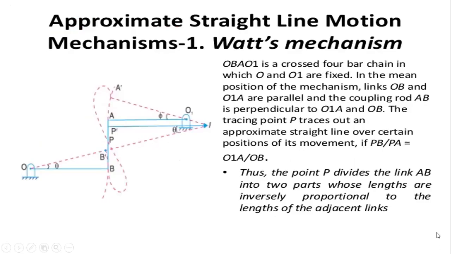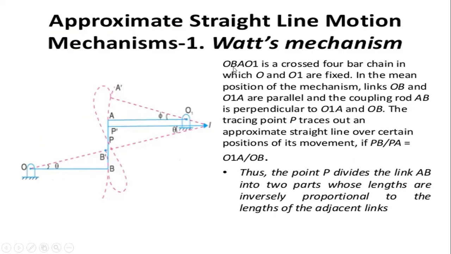In this mechanism, these two links oscillate with each other. We fix O1A and OB, and these rotate about their positions. By rotating, they can form a straight line by fixing the two centers.